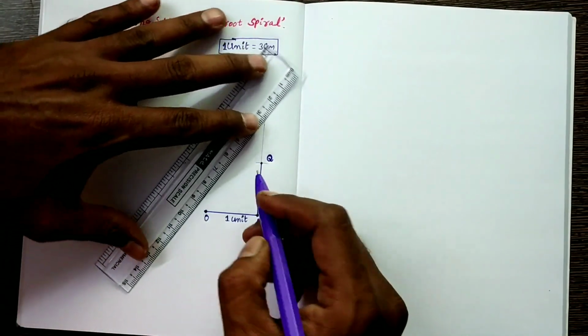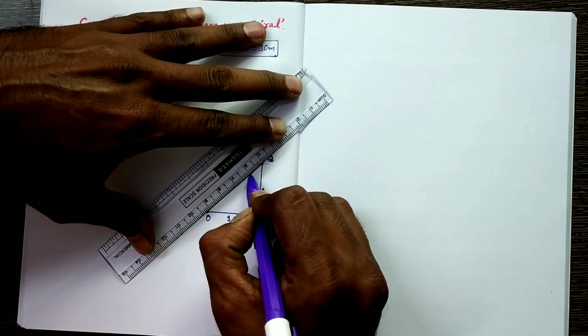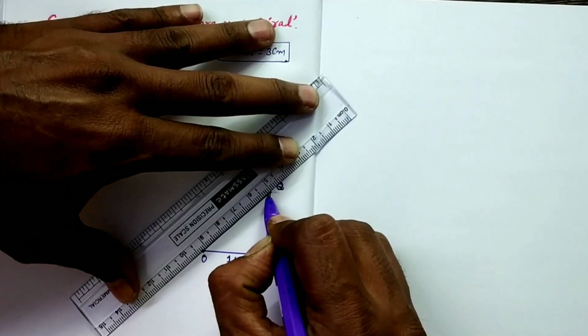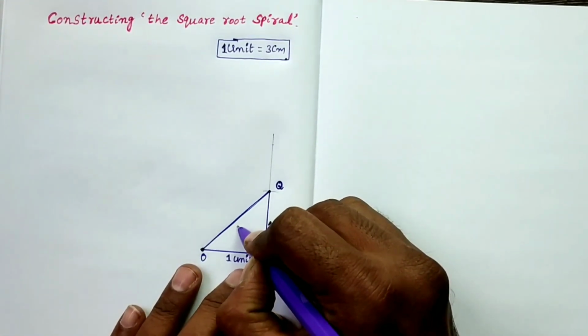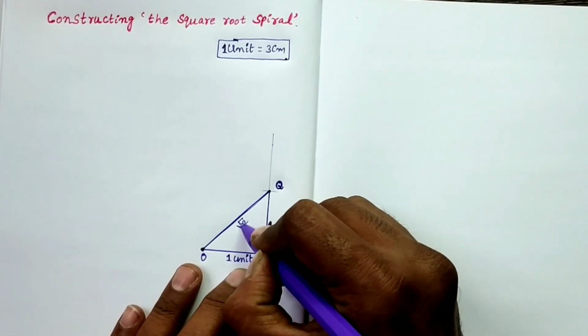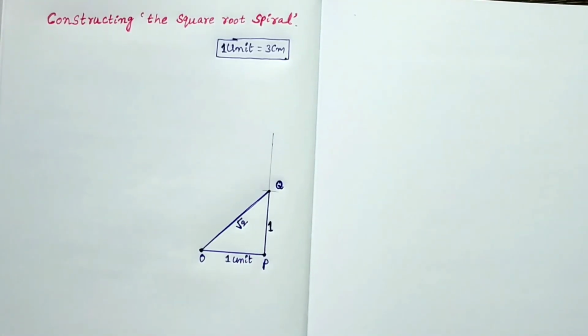Now you join OQ. Then OQ length will be square root 2 units. Square root 2 units. How?